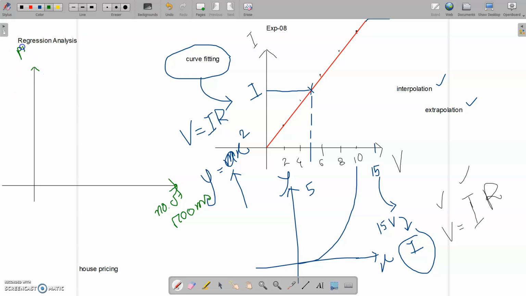This is 1 room, this is 2 rooms, 3 rooms, 4 rooms, 5 rooms.